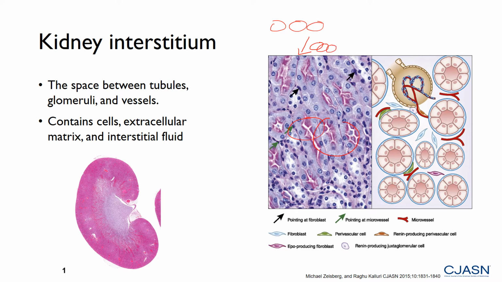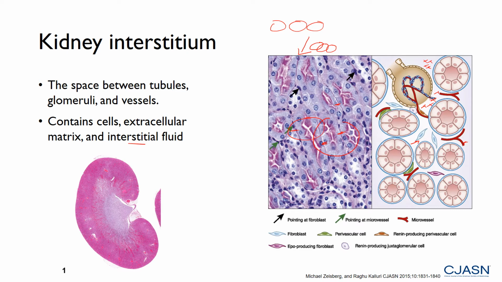But really, in real life, there is space between all of this. It's not a lot of space, but there is space. And so this graphic on the right is depicting what it would really look like in living tissue that hasn't been taken out for processing. You can see that there's space between tubules and glomeruli and vessels. And this space, as I said, isn't just empty. It has some cells that fill it, some microvessels as well, and it has fluid.